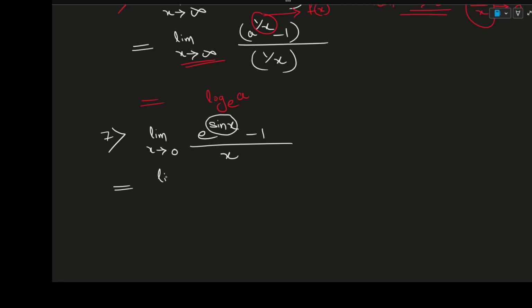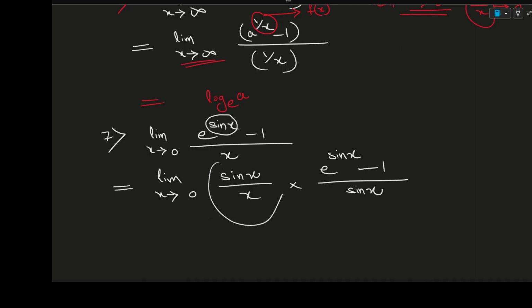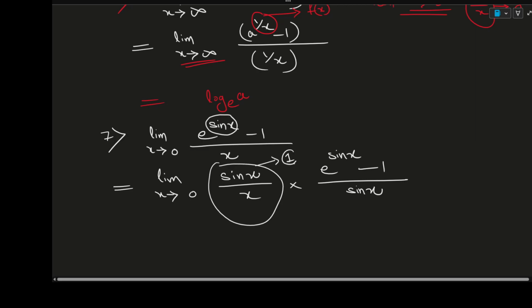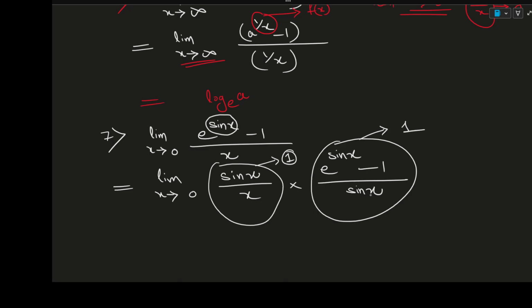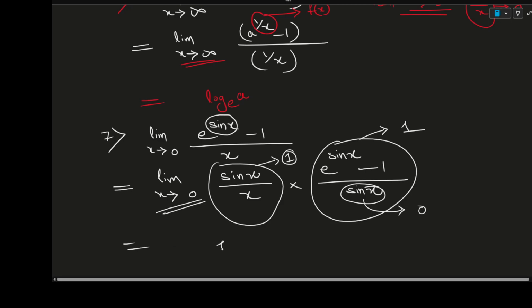So the limit as x tends to 0 will be sin x by x into (e to the power sin x minus 1) by sin x. The limit of this one will be 1, and the limit of this one will also be 1, as here f of x is sin x, and when x tends to 0, sin x also tends to 0. That's why it will be 1 into 1, which is 1.